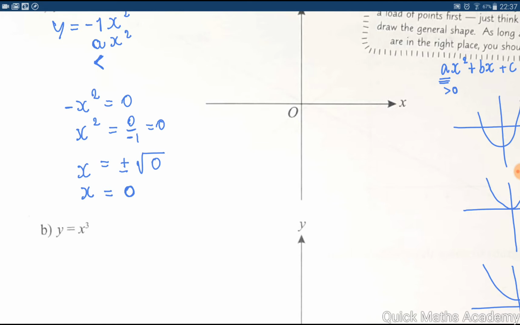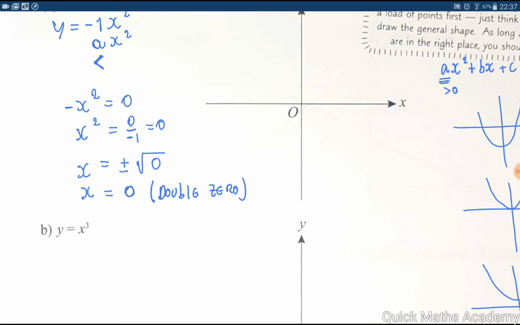Okay, so given that, we call this a double zero. Why? Because normally we have two zeros, and in this case we only have one zero. That's why we call it the double zero. Those two zeros are converted into one, because plus or minus 0 is 0.